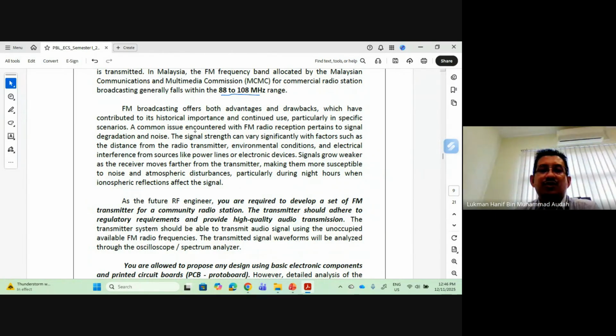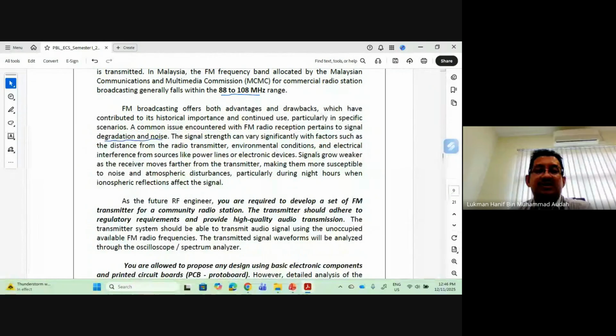A common issue encountered in FM radio reception pertains to signal degradation and noise. So this is going to be the limitation that you will face during your activities to complete the prototype.